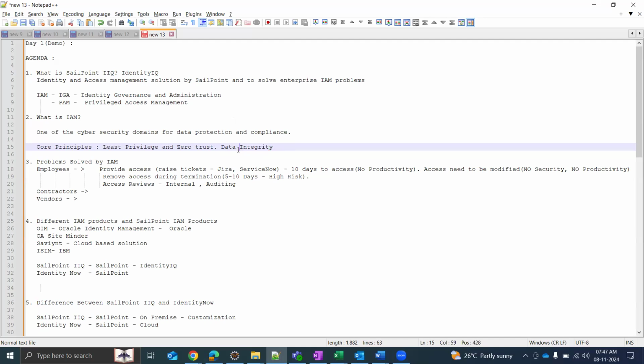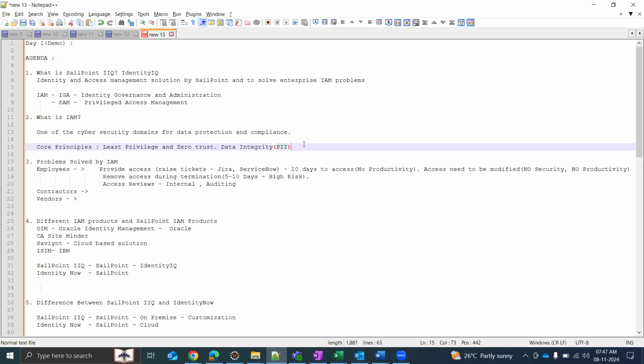We call it PII, personally identifiable information. PII is sensitive information, so we have to make sure that it is not accessed by any unauthorized people, and at the same time it is not modified by any unauthorized people.